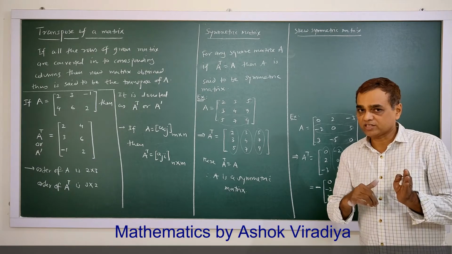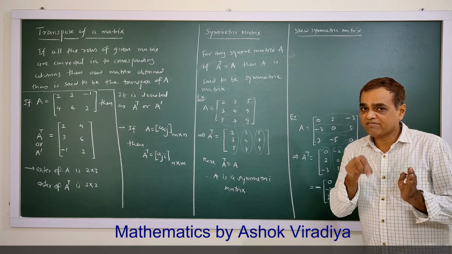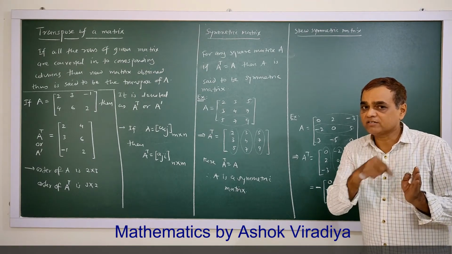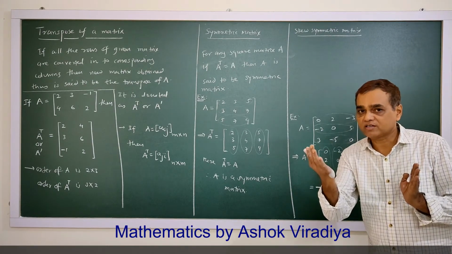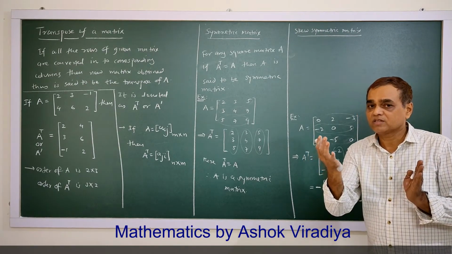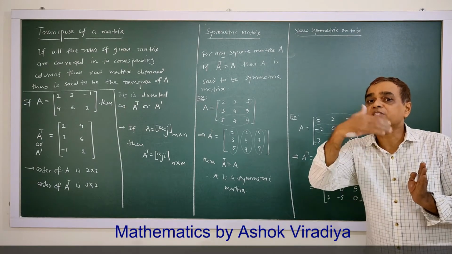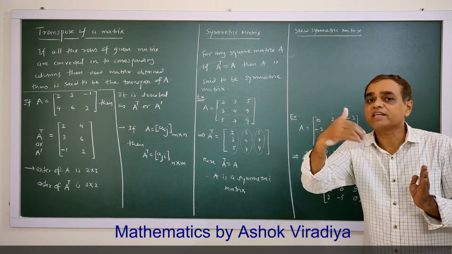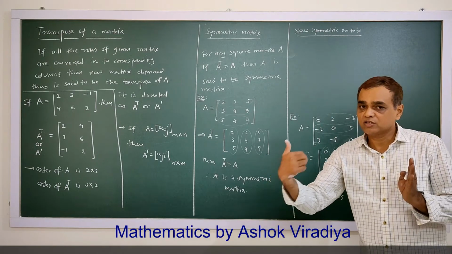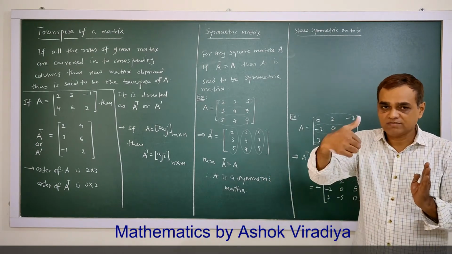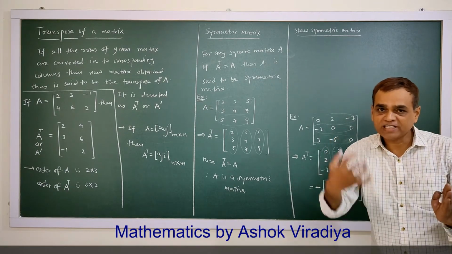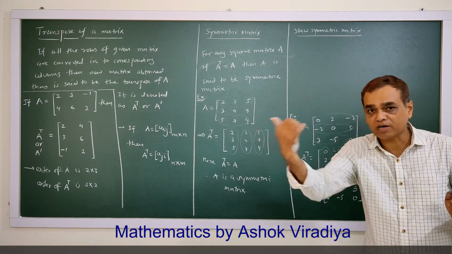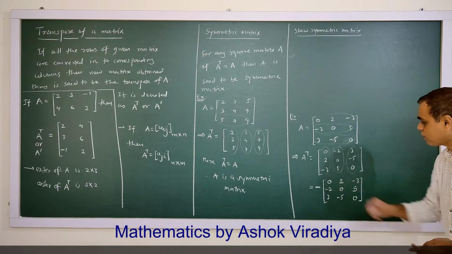To reverse the procedure, if you find 5 common in every entry, take that 5 common, and it will come outside. If you find something common in every entry, take it outside. Similarly here, minus 1 is common.